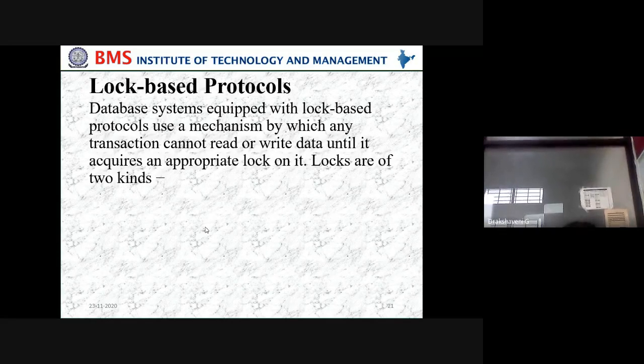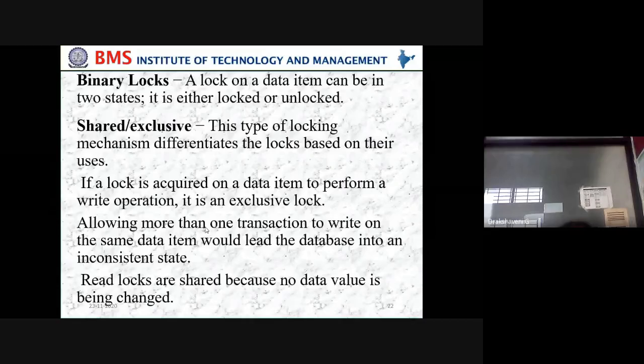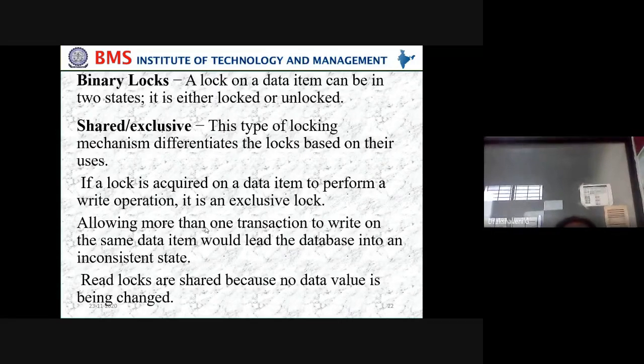Locks are of two kinds. One is the binary lock, another one is the shared lock. Binary is like our switch, either I can switch on or switch off. Same way here, a lock on a data item can be in two states, either locked or unlocked. One more is shared or exclusive. This type of lock mechanism differentiates the locks based on their uses.